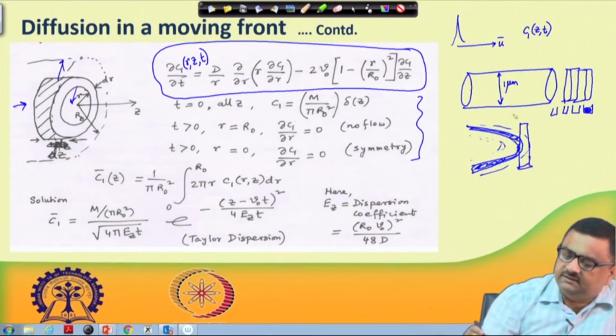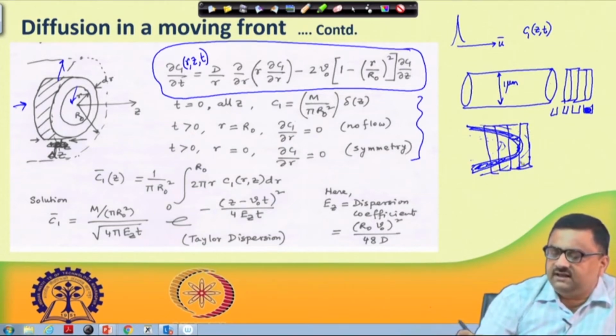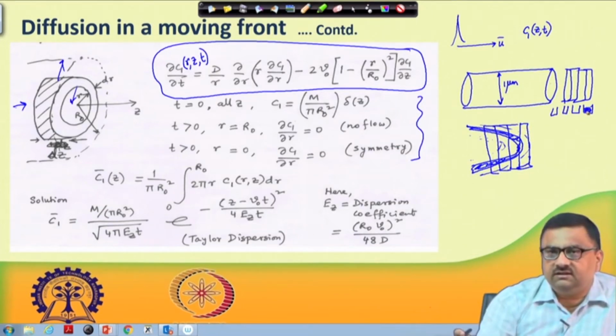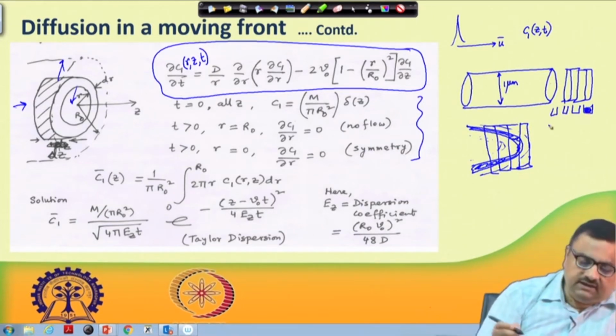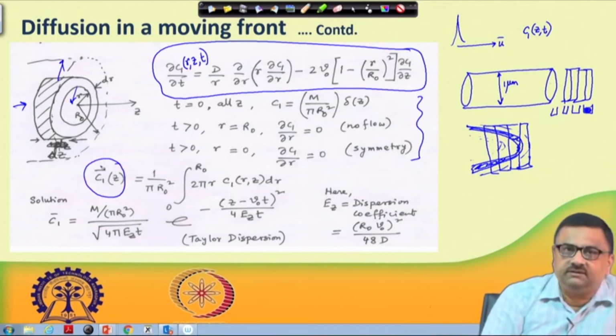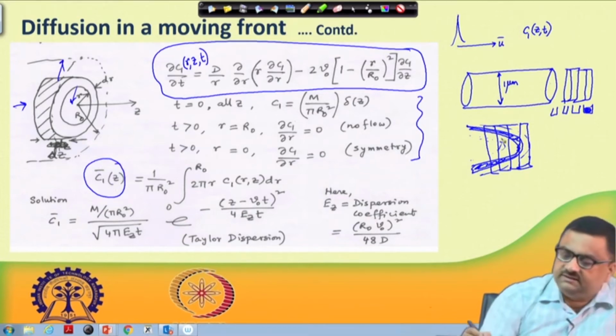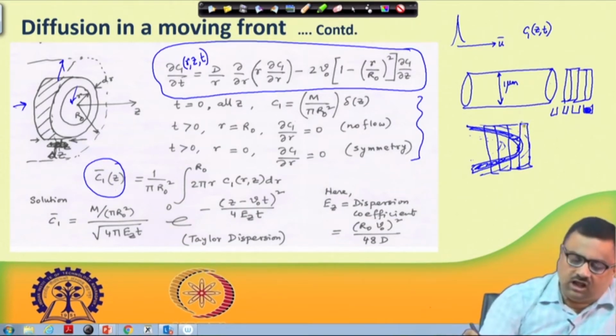This slice is one, the next slice is one, the next slice is one. I collect each slice in a cup and measure its concentration. So essentially we can get C1 bar as a function of Z, which you can measure. This concentration is averaged over all r.